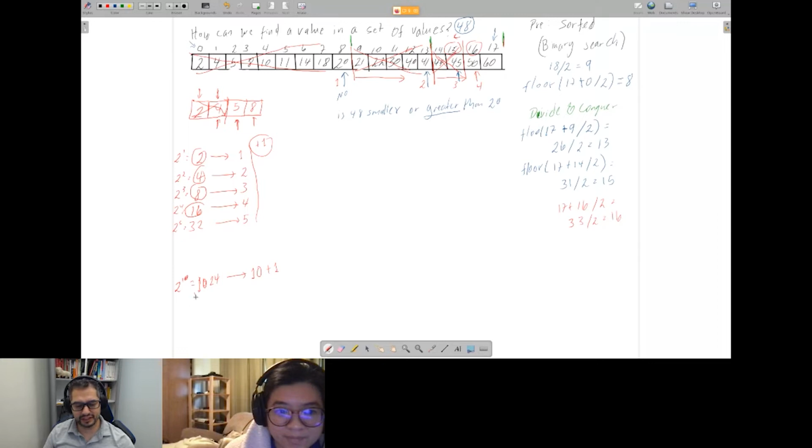You won't have to check 1024 values, which is what you would do in a sequential search. That is why this is important.